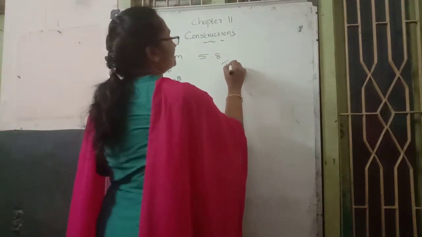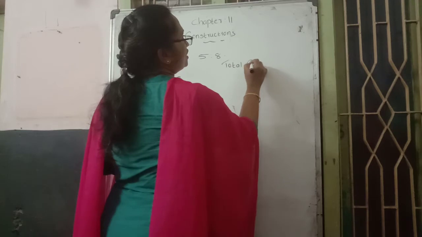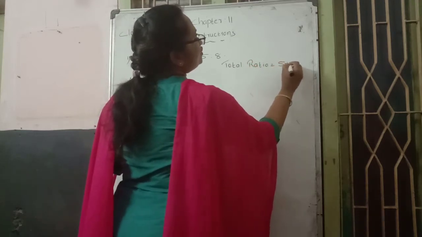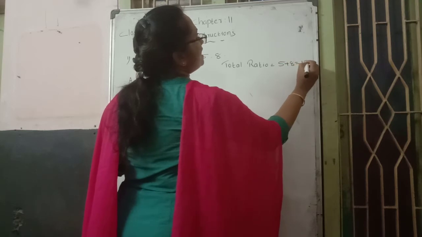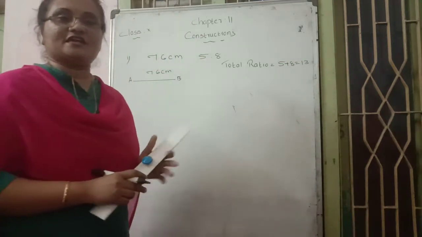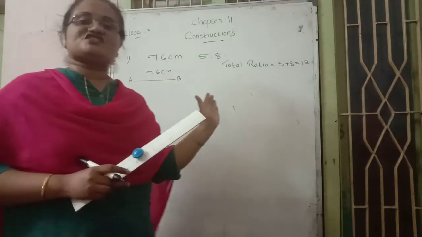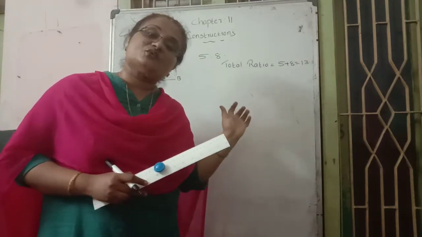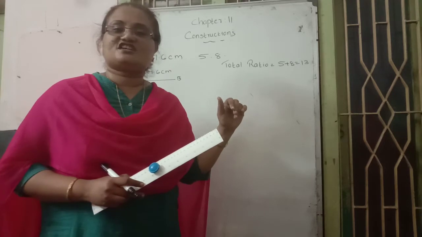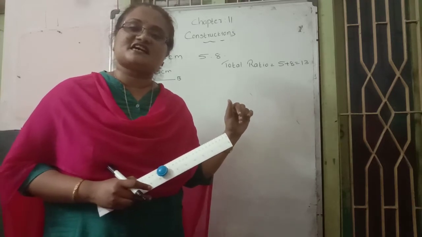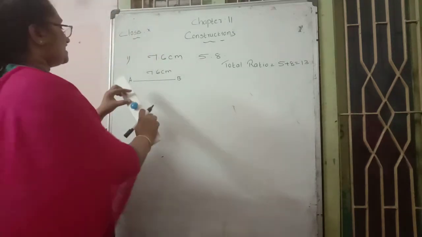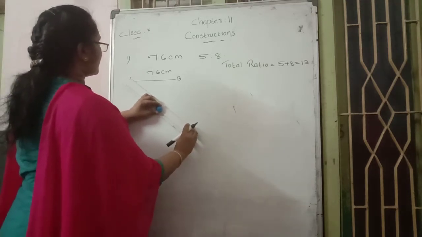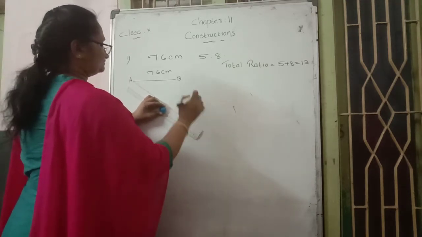Next, what is the total ratio here? The total ratio is the sum of the two ratios, 5 plus 8, which becomes 13. The next procedure is to draw an acute angle.